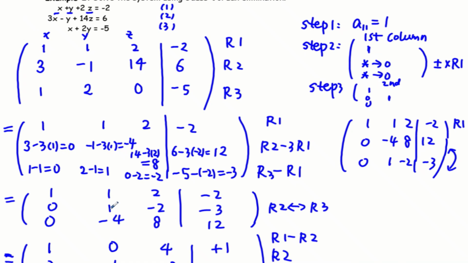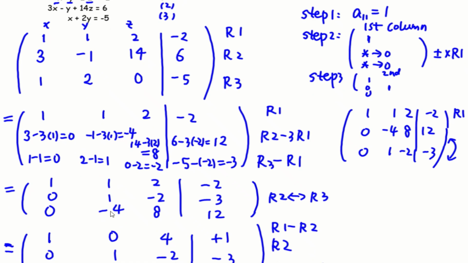After that, we want to change the second column, this one, to be 1. Don't touch the first row, because the first column is not 0. So we focus on these two, R2 and R3, to find 1 here. If not 1, we couldn't find it. We could add, subtract, or divide to get the second column, second row to be 1.